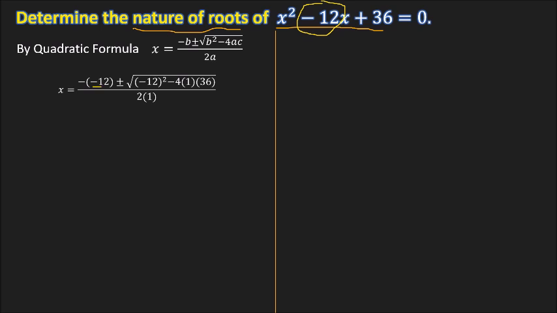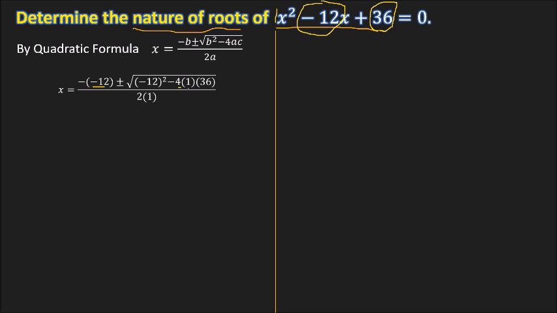Substitute it here, negative 12, plus or minus the square root of b squared. Again, use b, negative 12, minus 4 being the constant, a, which is understood 1 ang a natin, and c, which is 36.